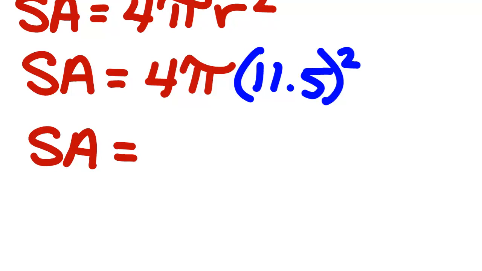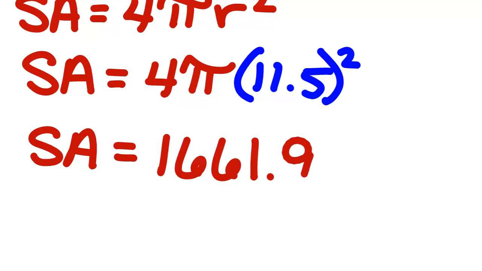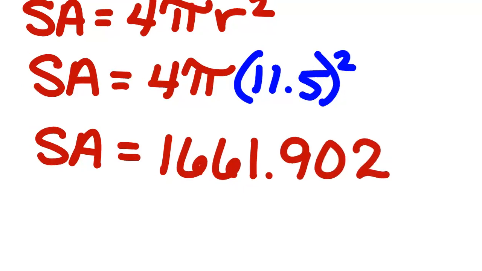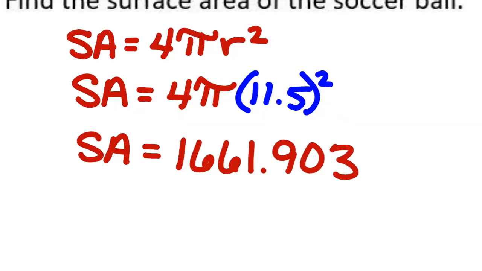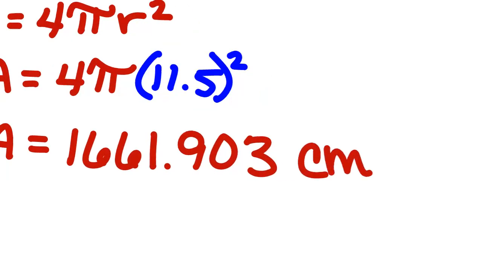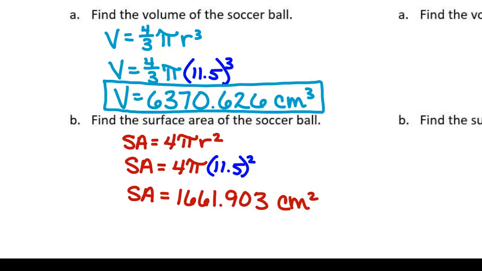Can you read the digits one more time? 0.90, and what comes after the 0? 2, and after the 2? A 5, so that 5 is going to make my 2 round up, so 903. 1,661.903 centimeters squared.